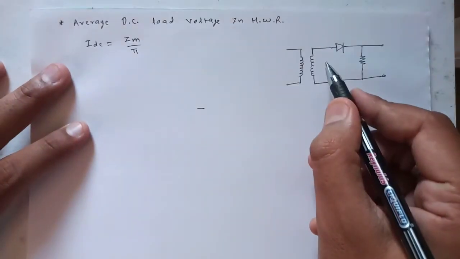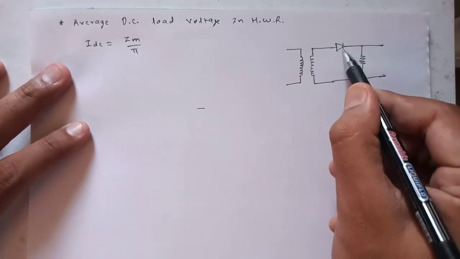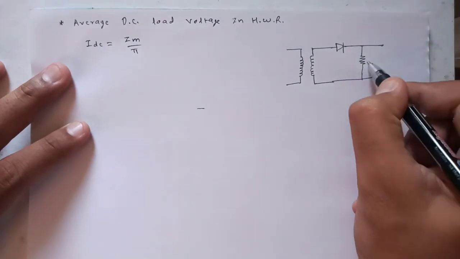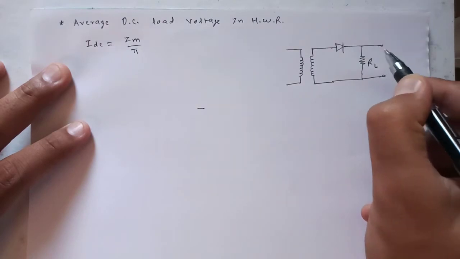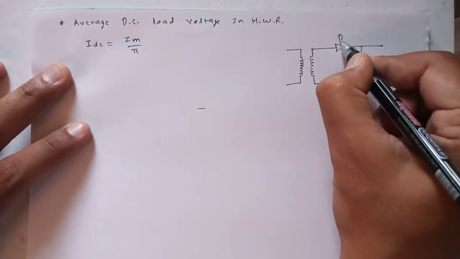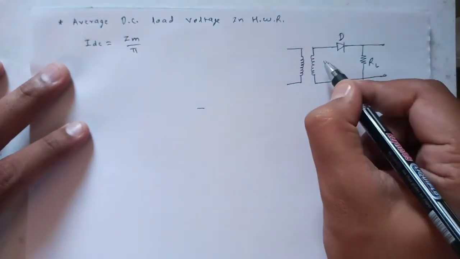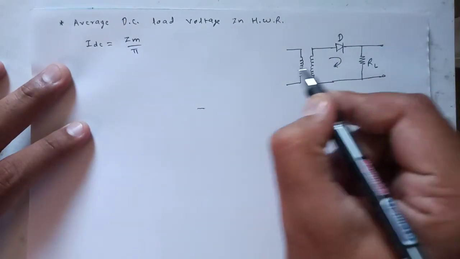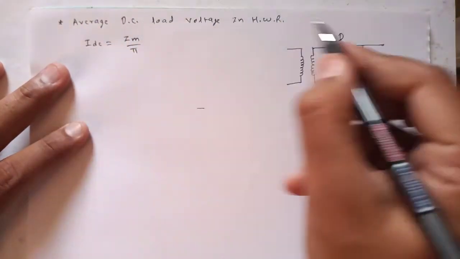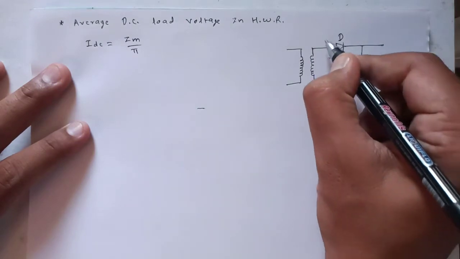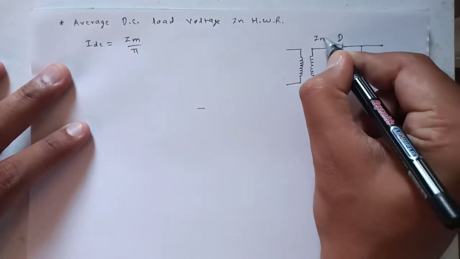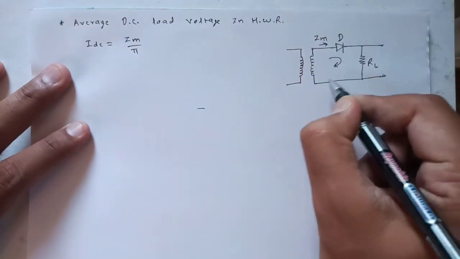So here is the circuit, and we know that the current is flowing in this path, where RL is the resistance, we call it a load resistance. This is the diode, and the current is flowing like this. The equation for this current is called Im, which is flowing in this direction.